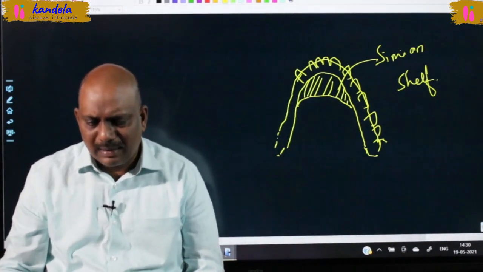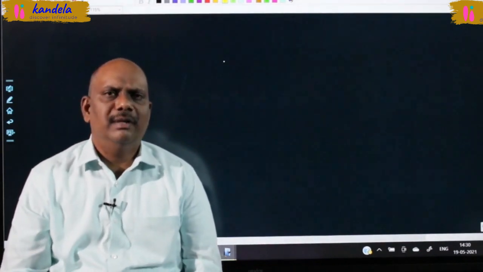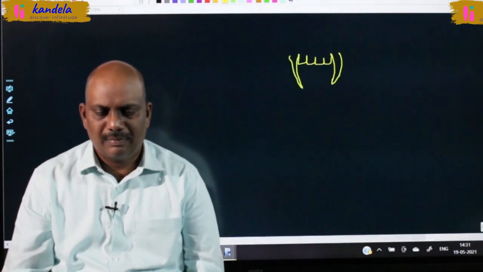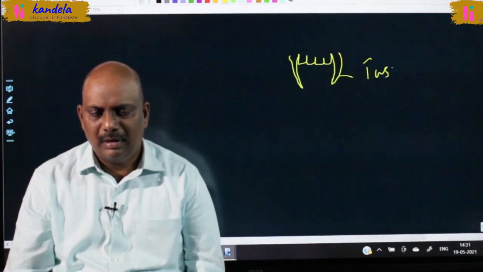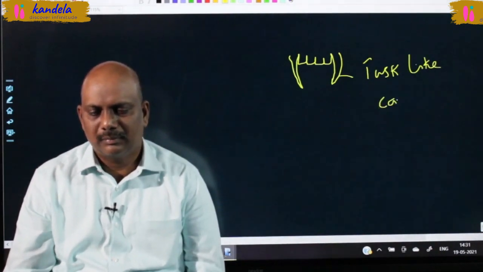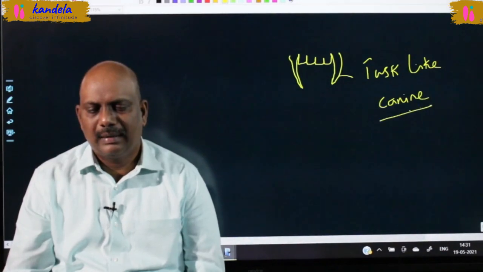Similarly, for primitive apes, canines used to be very large. 1, 2, 3, 4 incisors, followed by that, the canines will be very large. We call it tusk-like canine.